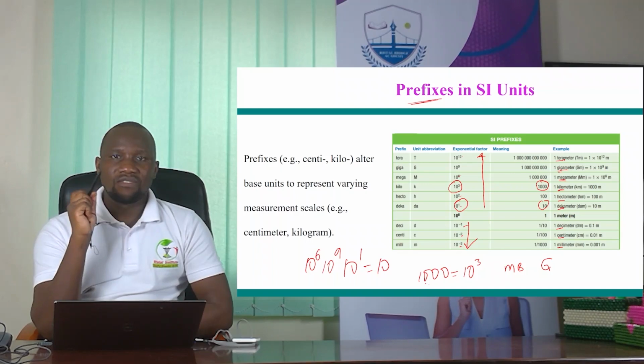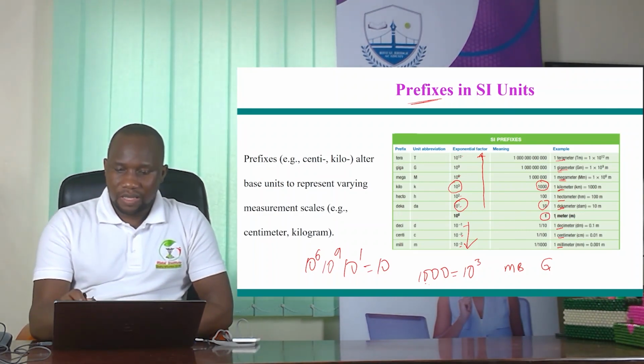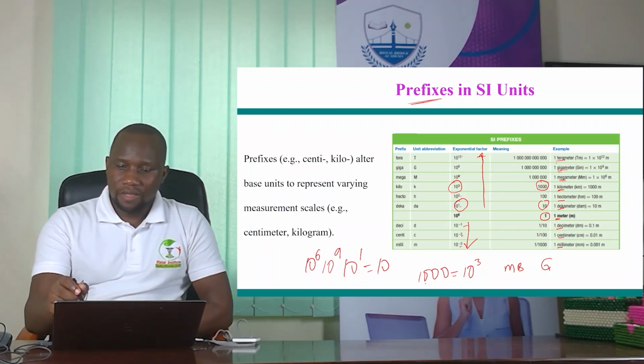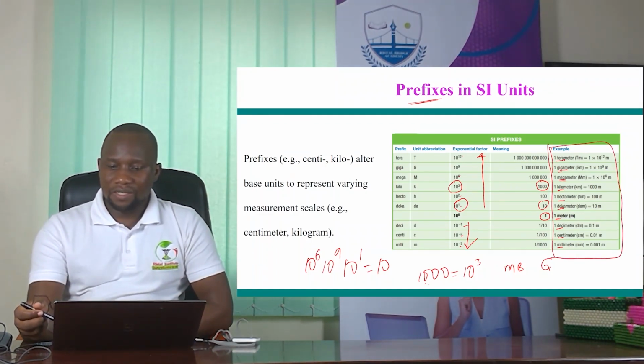Okay, so if you know, they actually derived from these meters. All these are actually for distance or length. Okay, but they can be replaced with the milliliters, centiliters, deciliters, a liter, decaliter, hectoliter, kiloliter, megaliter.